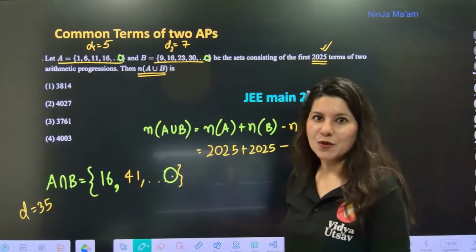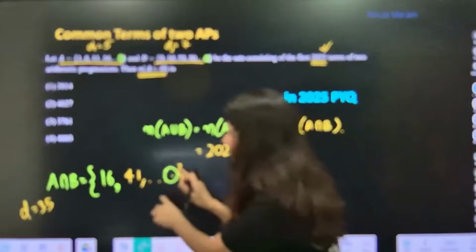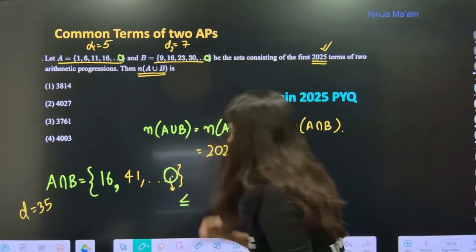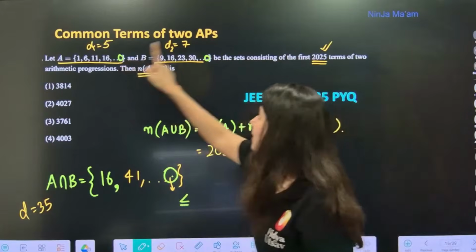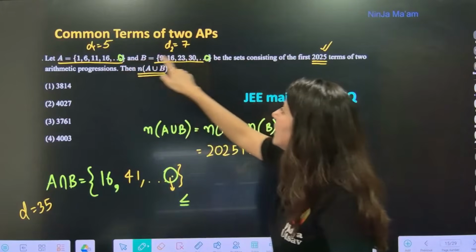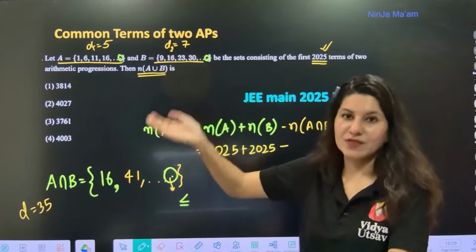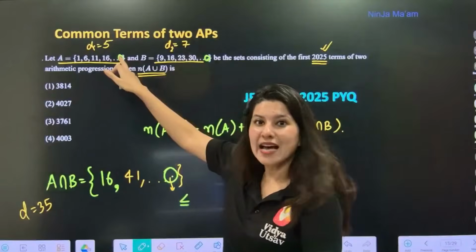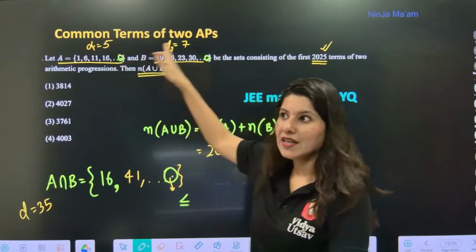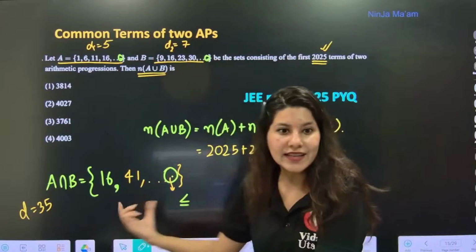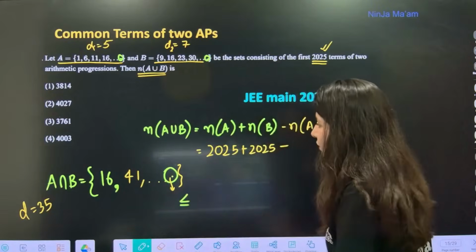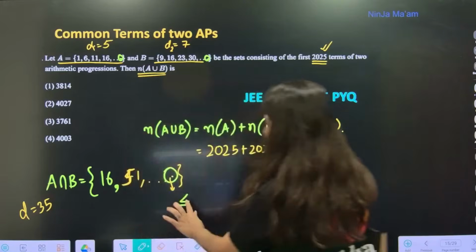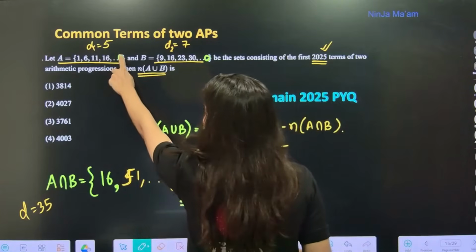Because I know that the last term of A intersection B will be less than or equal to the minimum of these two, because we are taking the common terms now. If suppose this has 10,000 as a common term, after 10,000 I cannot write anything over here. Okay, so this is 51? Yes, it's 51. So this is less than or equal to the last term of the A set.